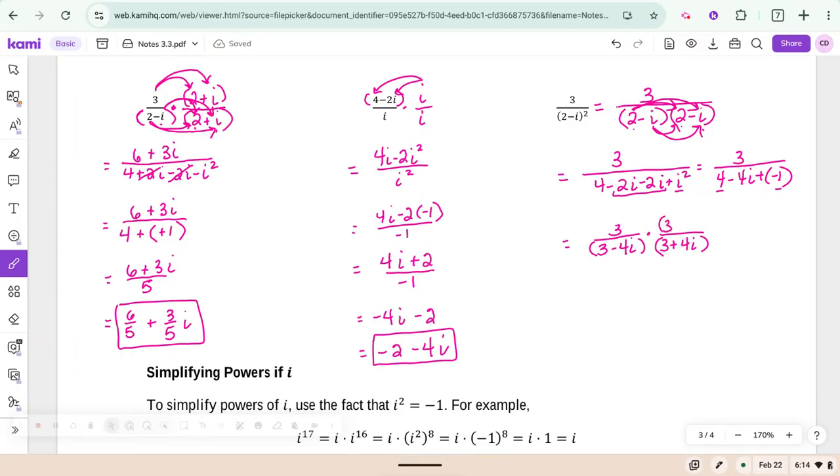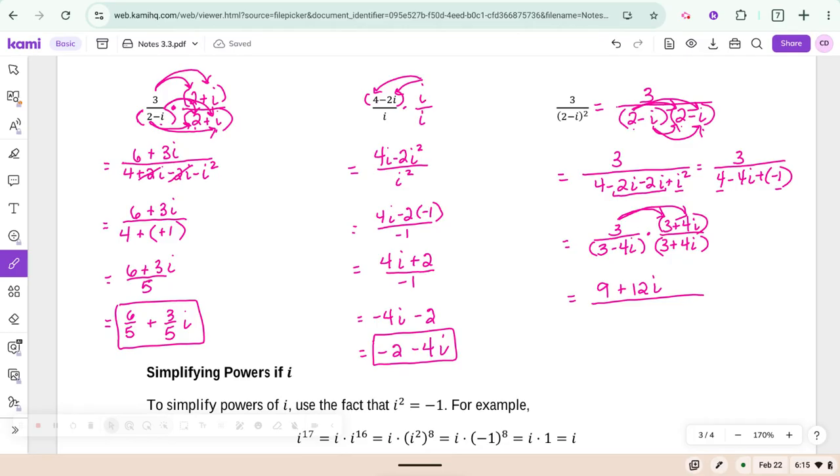And whatever I multiply the denominator by, I need to multiply the numerator by the same thing so that I don't change the value of my expression. So in the numerator, I distribute 3 times 3, which is 9, and 3 times minus 4i, which is plus 12i.